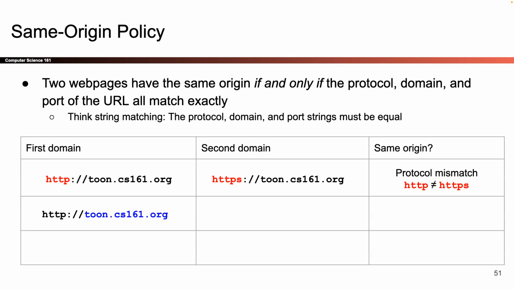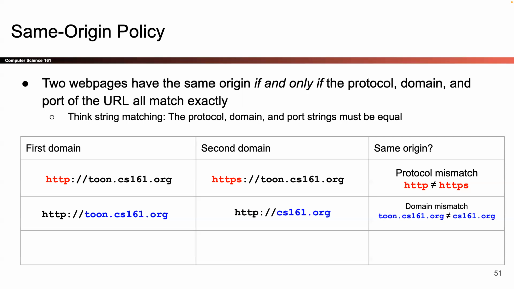Okay, here's another one. So again, we look at the left, we look at the right, and we compare the protocols first. So HTTP, do the strings match? Yes. So I go on, I check the domains. I extract this domain, I extract this domain. Do they match? String matching says no. So I say this doesn't match, not the same origin.